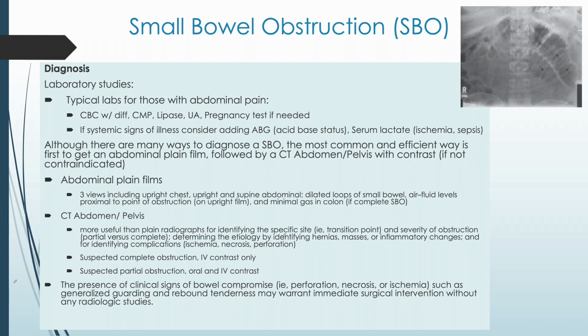Then they'll know exactly where to go. It also tells us the severity of the obstruction, and it identifies any other lesions, masses, hernias, things that can be the etiology of the obstruction. It also helps you identify complications like ischemia, necrosis, and perforation. So CT just all around better.